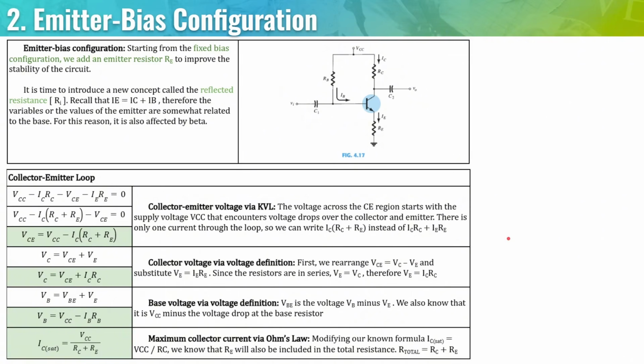Next, we have the base voltage by voltage definition. VBE is equal to VB minus VE. We also know that it is VCC minus the voltage drop at the base resistor.